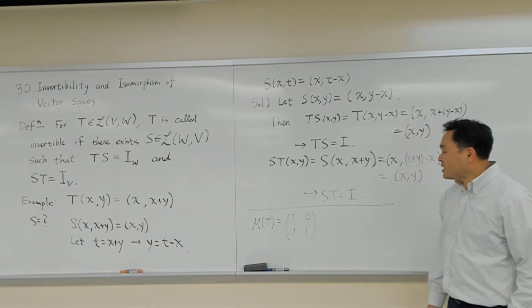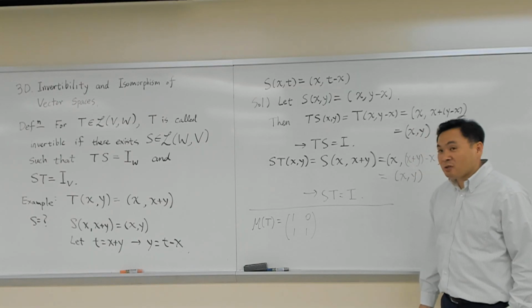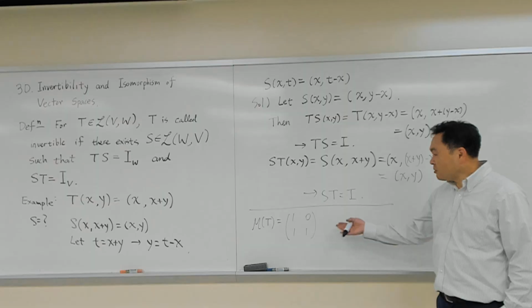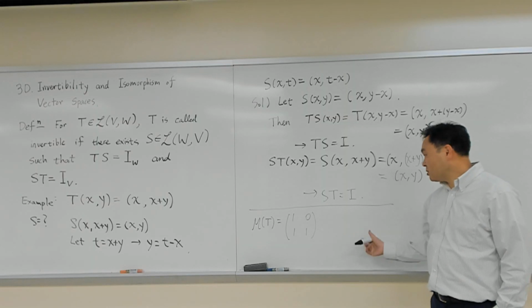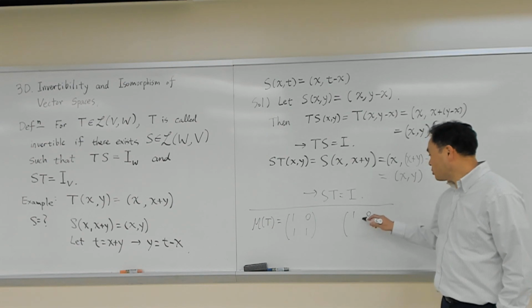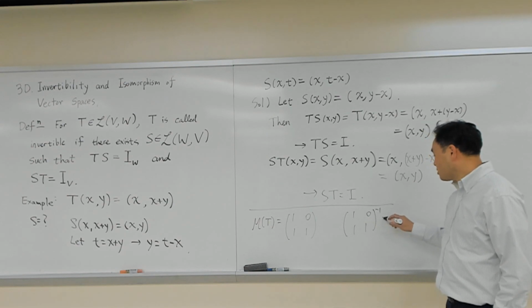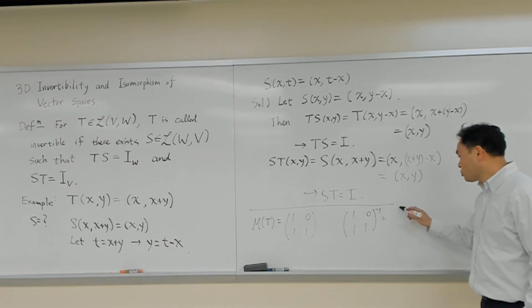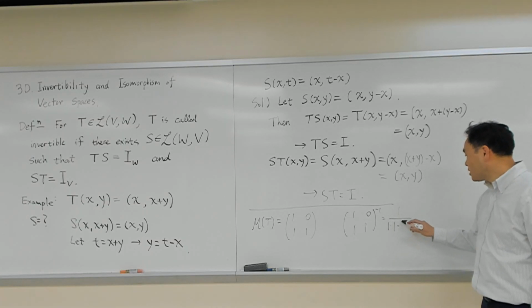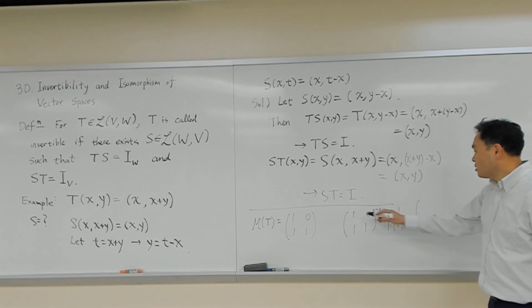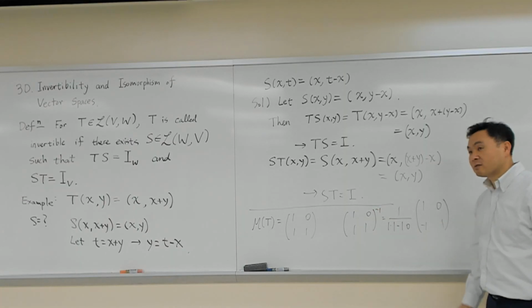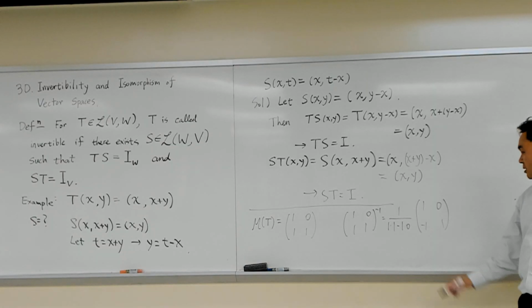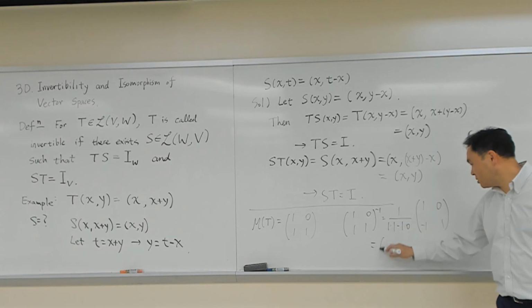And because I need S to be the inverse of this, the matrix of S must be the inverse of this guy, right? So let's think about the inverse of [[1, 0], [1, 1]]. Well, we all know the inverse formula is 1 over (1 times 1 minus 1 times 0). You switch these two, and then you negate this. Right? And this is just 1, so this is just [[1, 0], [-1, 1]].